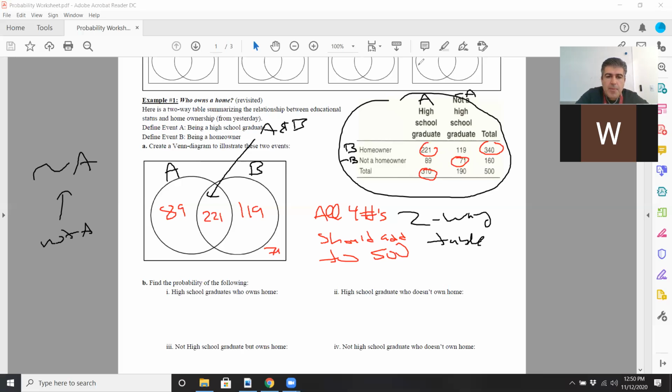So essentially, you find the probability of A and B. Here, you find the probability of A and no B. Here, you find the probability of no A but B will exist.